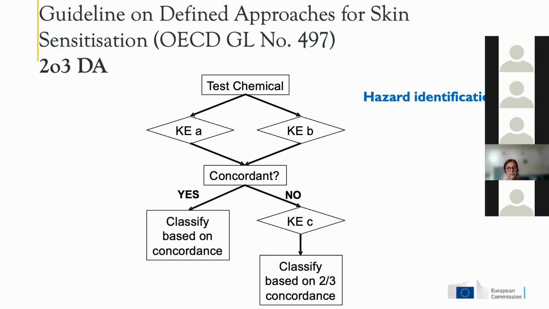If the first 2 assays provide a consistent result, then the chemical is predicted accordingly as a sensitizer or non-sensitizer. Instead, if the first 2 assays provide a discordant result, the 3rd assay is run for the 3rd remaining key event, and the overall final conclusion is based on 2 concordant results, taking into account the confidence of the prediction. Next slide, please.